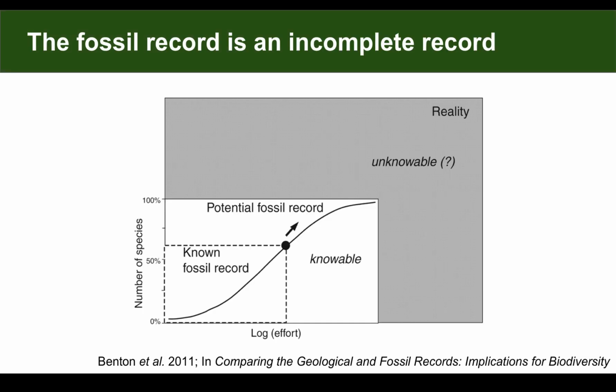So this slide I think appears in Alex's talk as well, but it's a nice conceptualization of the fossil record in general. Ever since Darwin, of course, we've appreciated that the fossil record is incomplete, and therefore any kind of inferences we make from it, we have to be somewhat careful in how we do that. So we could conceptualize this giant grey box as the truth, the reality of the entire history of life.